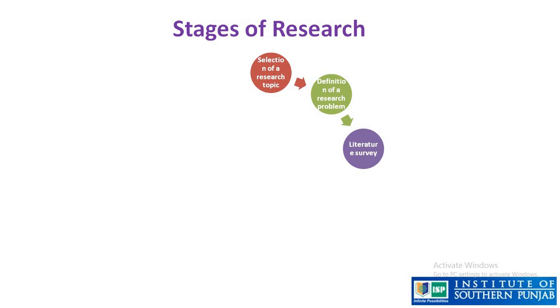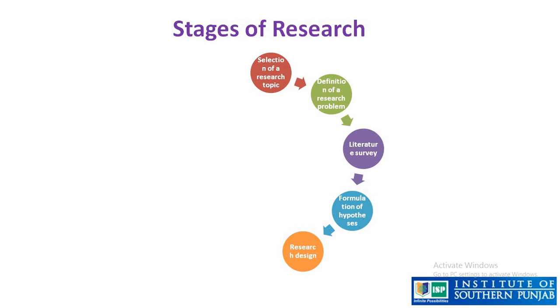Then you have to study the literature on that problem which is already present on the internet. This is called literature survey. Then formulation of a hypothesis. For your research problem, you have to formulate a hypothesis based on which you will do research further.